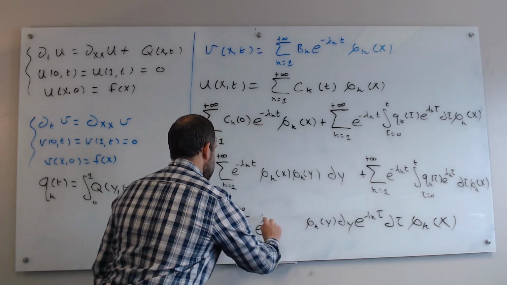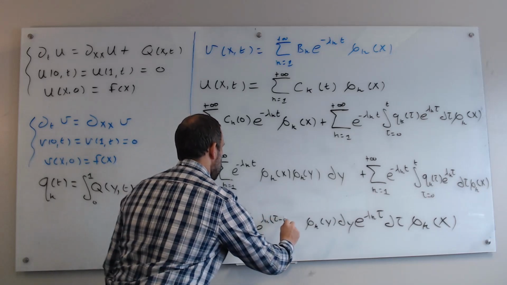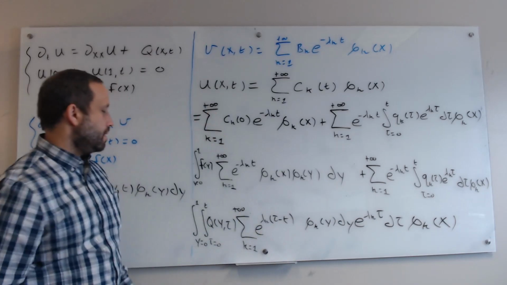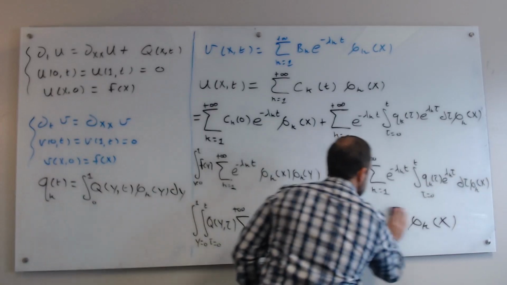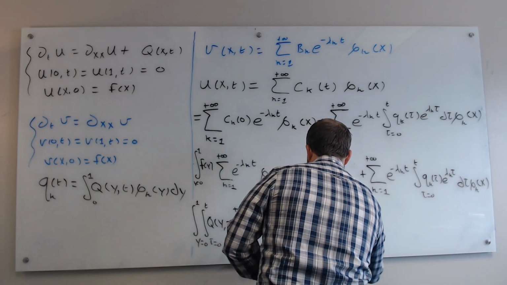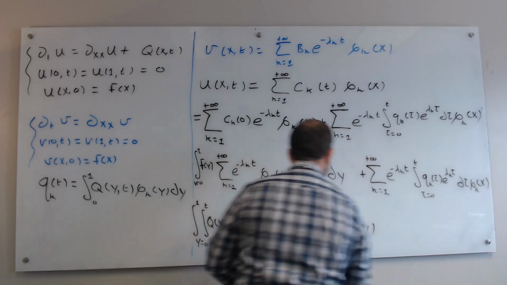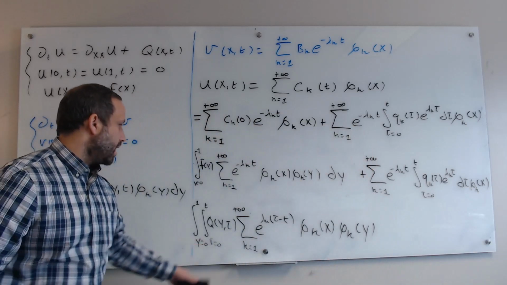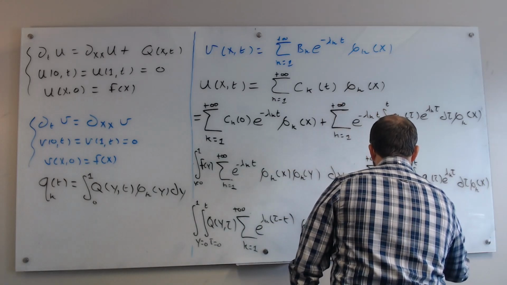So it's e to the lambda k tau minus t, phi k of y. Then I'm going to have my phi k of x, phi k of y, phi k of x, phi k of y. I'm going to have my inner integral, so d tau, and then my outer integral, dy.